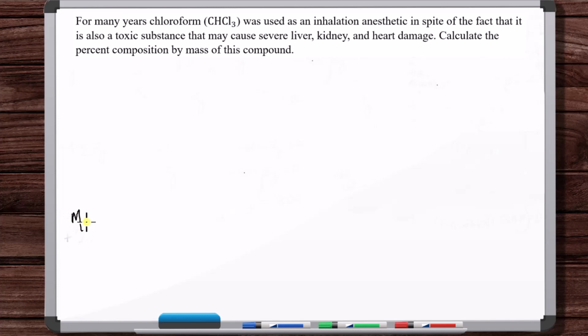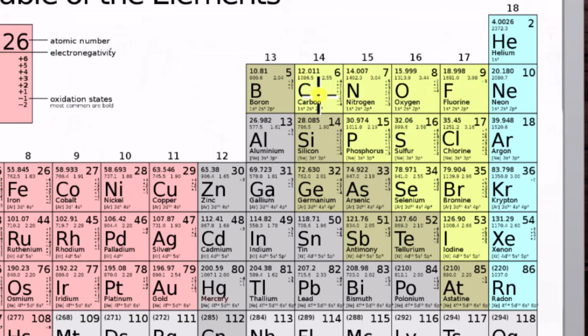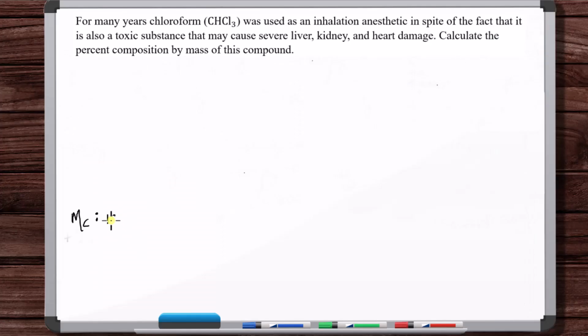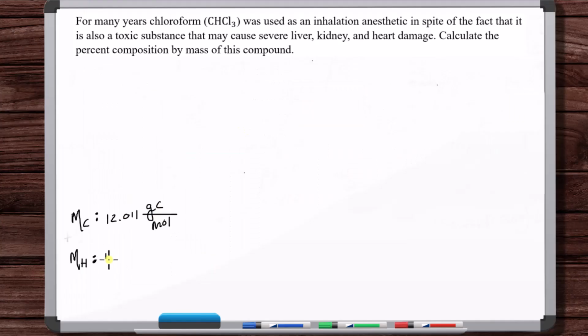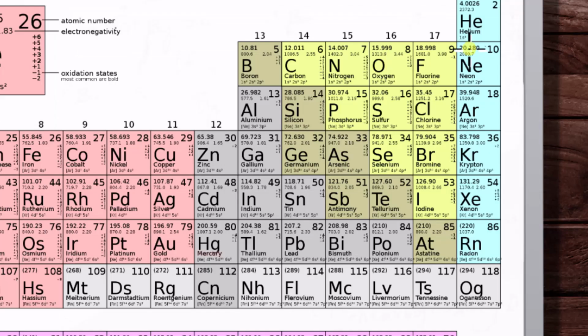So what is the molar mass of carbon? 12.011. The molar mass of hydrogen, 1.008. And then the molar mass of chlorine, 35.45.